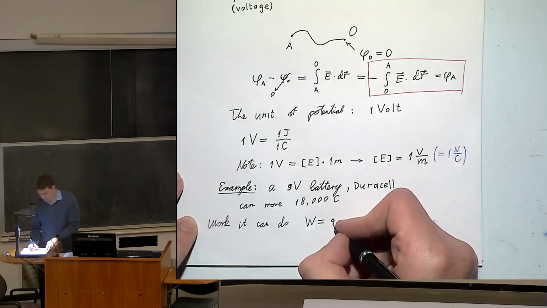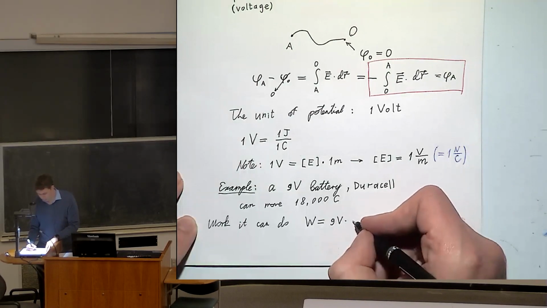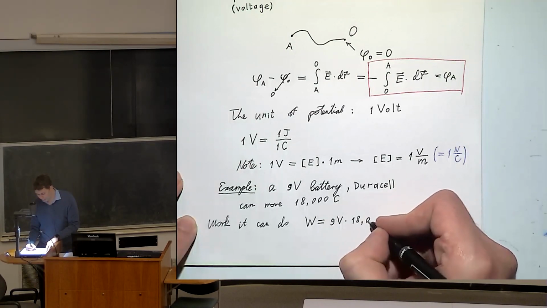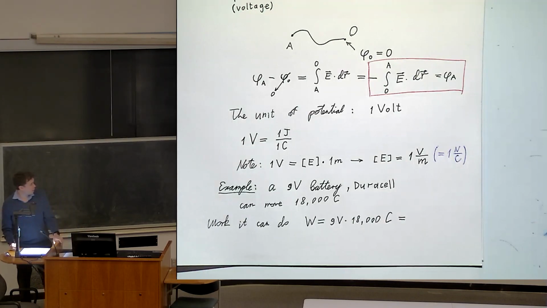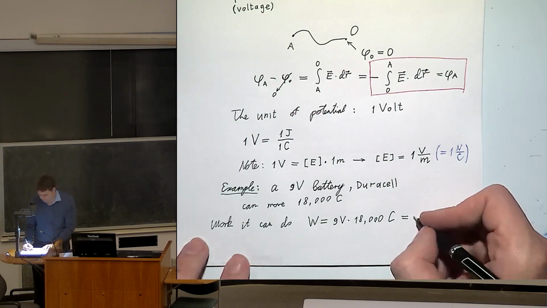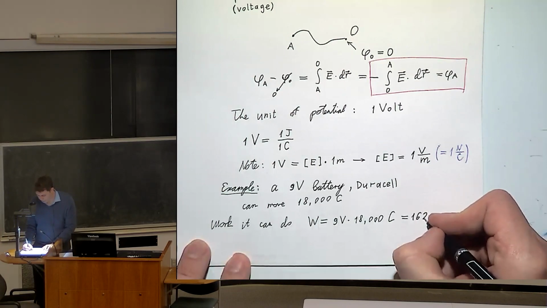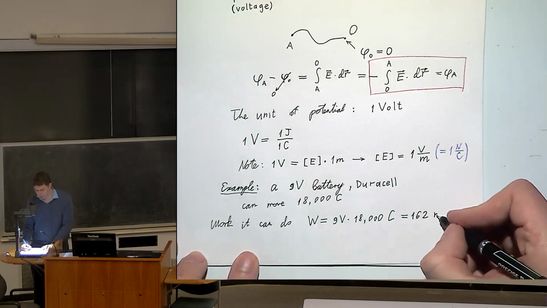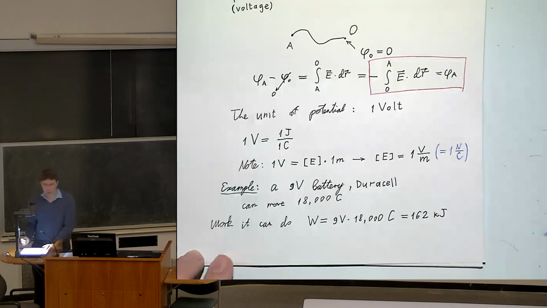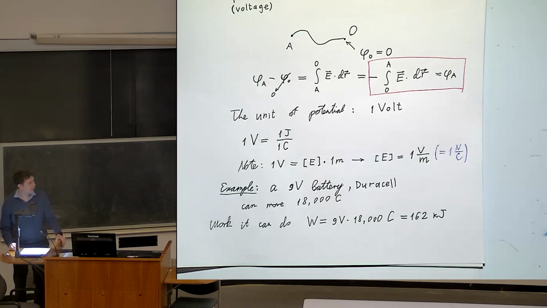So it's going to be 9 volts multiplied by 18,000 coulombs, and that's going to be 162,000 joules, so 162 kilojoules, and that's a lot of work, right?